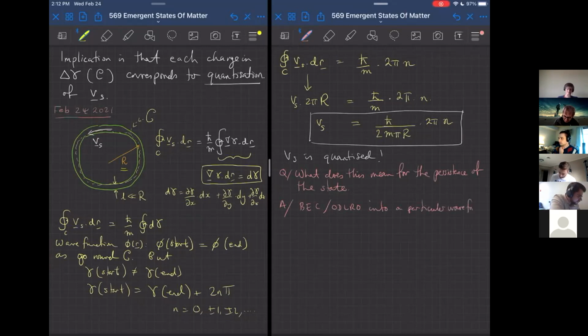So usually we think of this as being just the k equals 0 mode, which is just the usual zero momentum state of a condensate. But if I go into other wave functions, other states, phi, they give you some steady state current, as we've just seen.